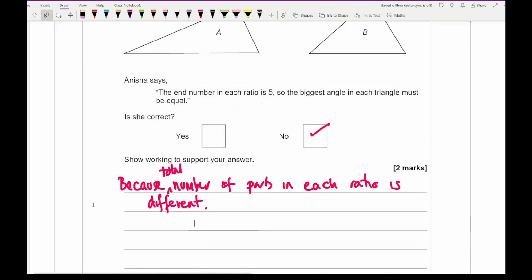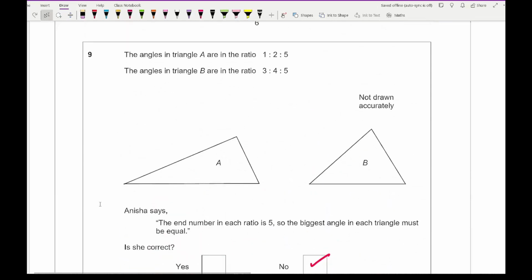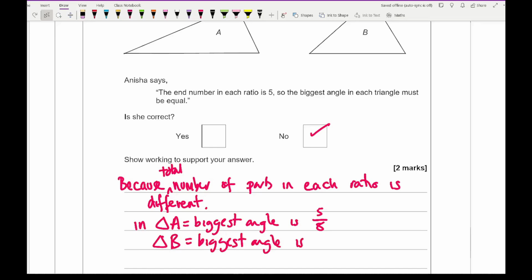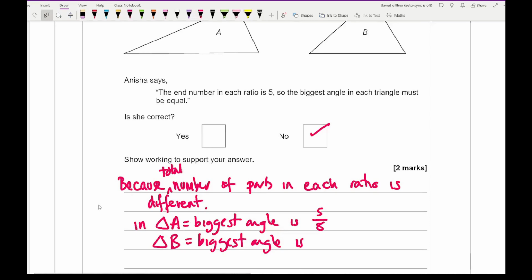So in triangle A, the biggest angle is 5 over 8, and in triangle B the biggest angle is going to be 5 over 12, and 5 over 8 is not equal to 5 over 12.